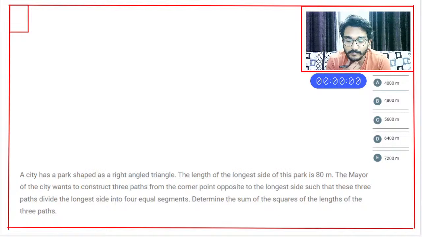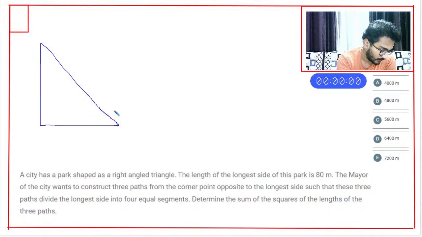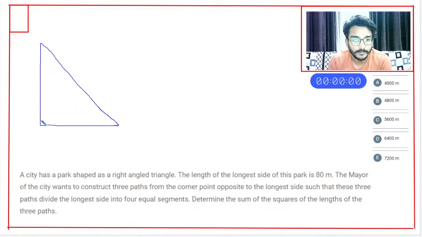Does anyone require more time? Let me know in 10 seconds. Are you able to solve, or I'll just start the question. Okay, I guess let me start now.